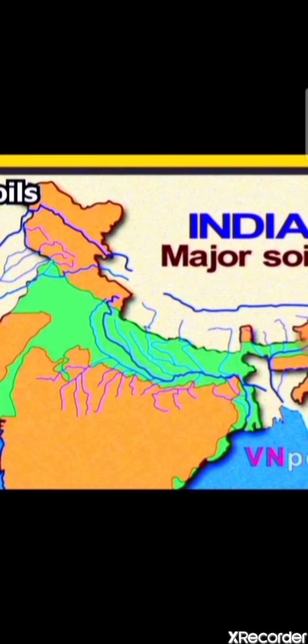This type of soil also extends towards Rajasthan and Gujarat through a narrow channel, as you can see in this map, as well as it is also found in the eastern coastal areas.